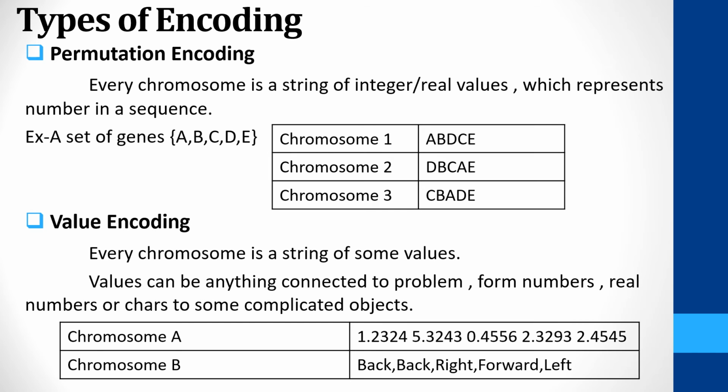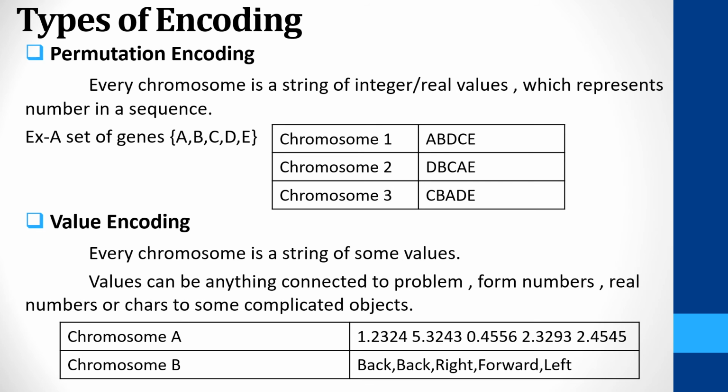Then permutation encoding. Permutation is an act of arranging objects or numbers in order. In permutation encoding, each chromosome is a string of numbers representing numbers in a sequence. Each chromosome is essentially an arrangement or permutation of a set of genes.